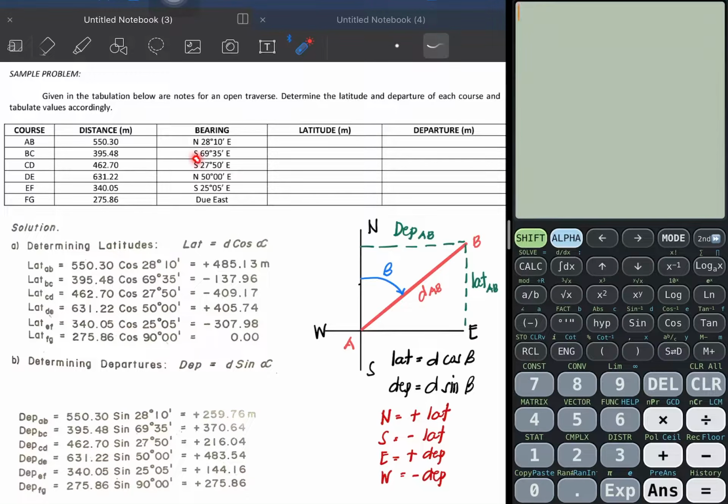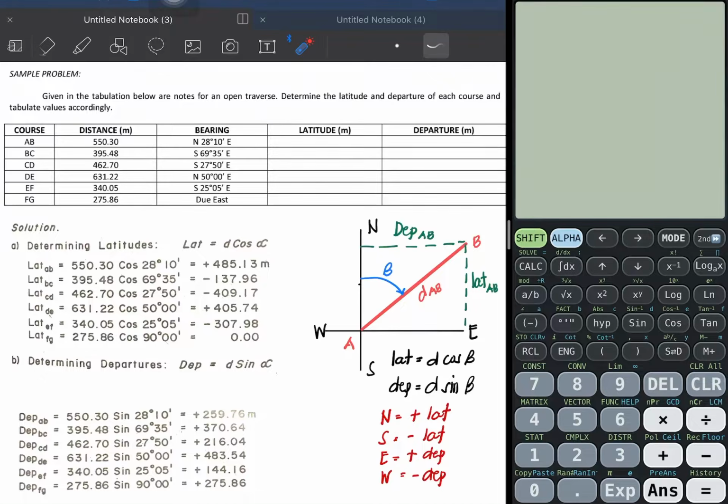If it is south, it is negative; north is positive. For the east-west line, we don't have a bearing for west, only for east. So all the signs for the departure are positive, since all the bearings are going to the east.